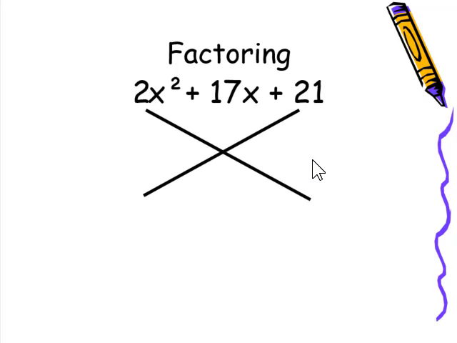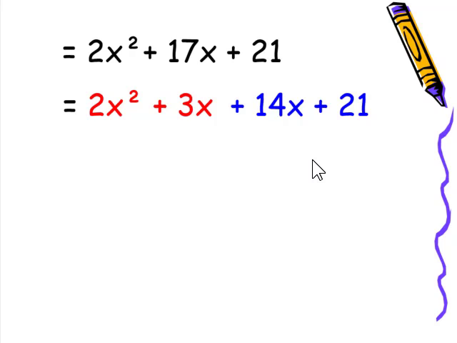Here we go with our very last problem to factor. We're going to make the diamond in this particular case, so we're just multiplying the 2 times the 21, and that's going to leave us with 42. What two numbers multiply to give us 42, but when we add those same two numbers, we get 17? That would be 3 and 14. We write this as plus 3x plus 14x.